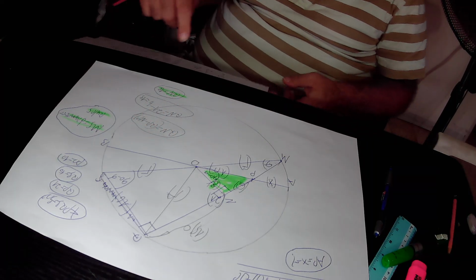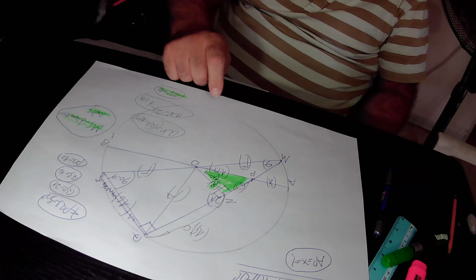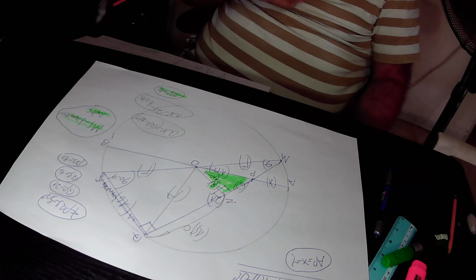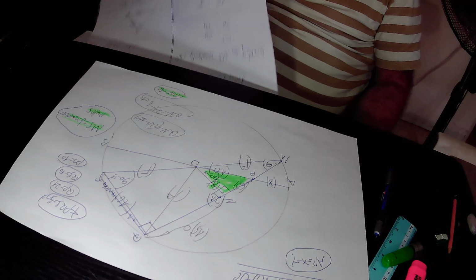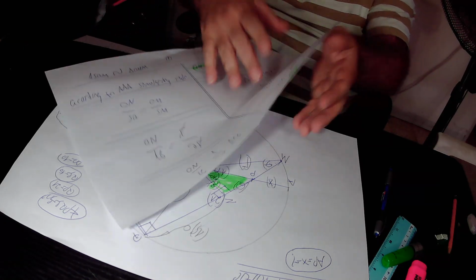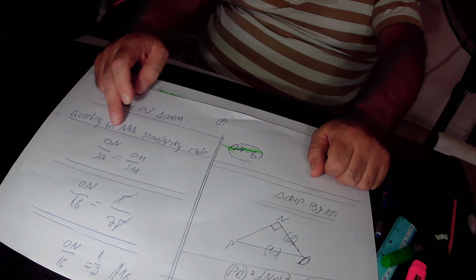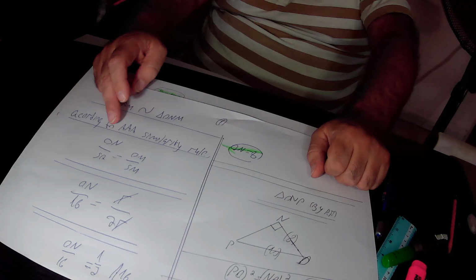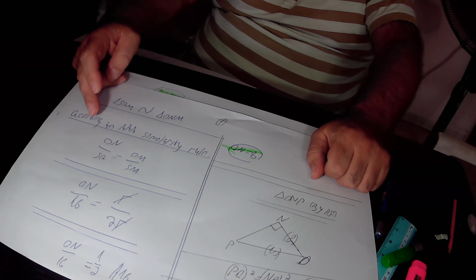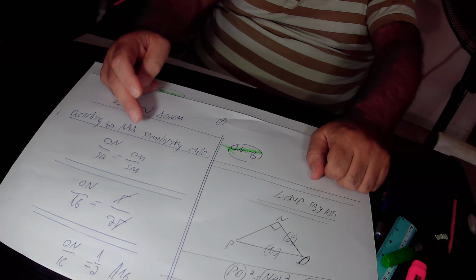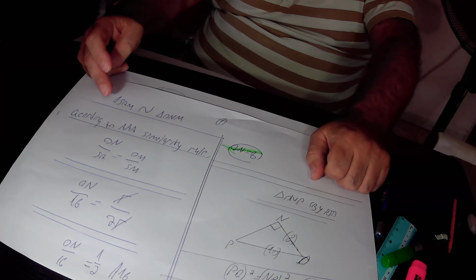That is, side ON of the small right triangle ONM over side SQ of the big right triangle SQM is equal to side OM of the small right triangle ONM over side SM of the big right triangle SQM.